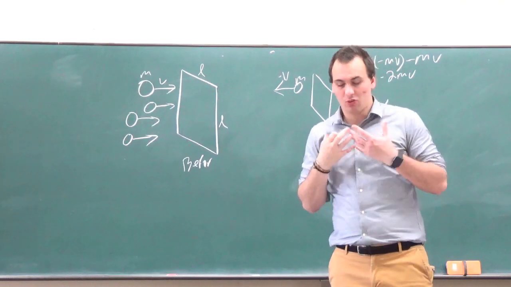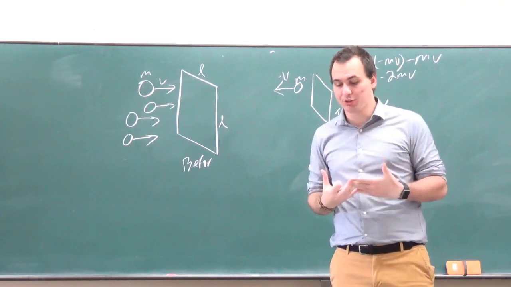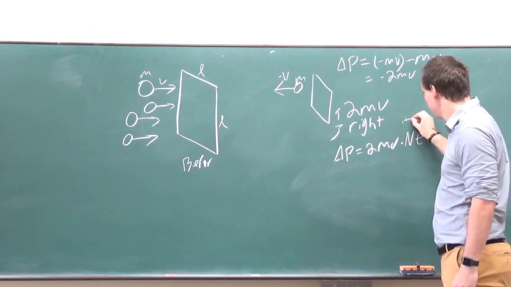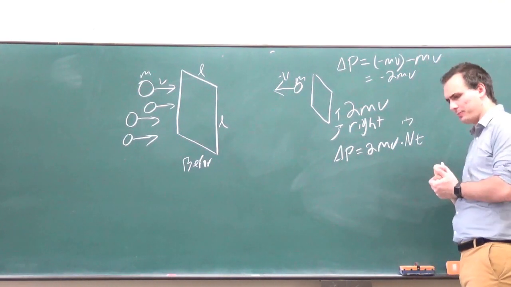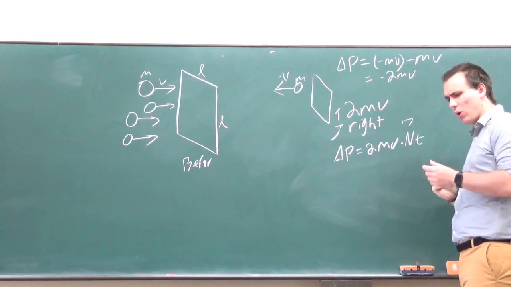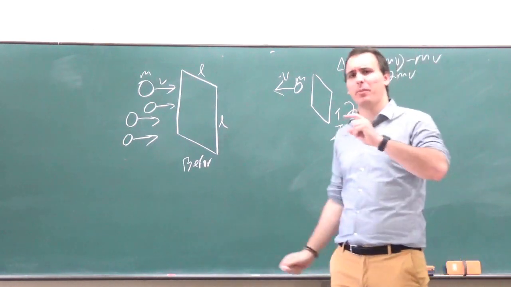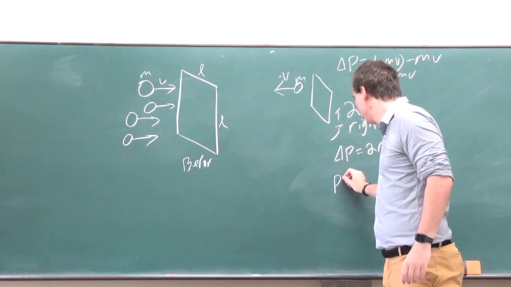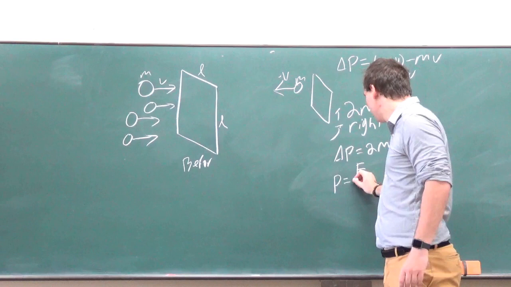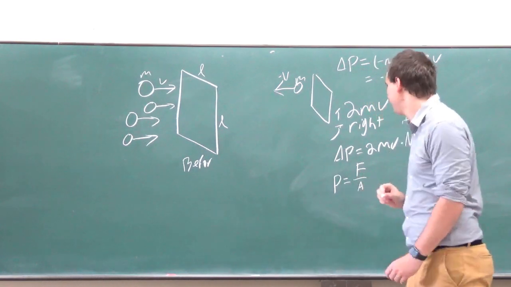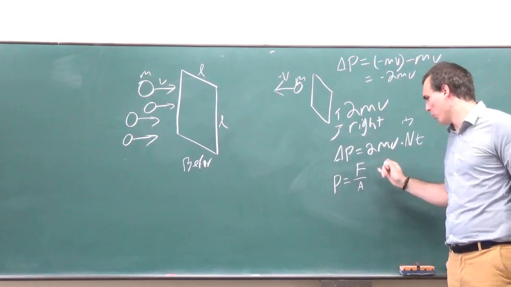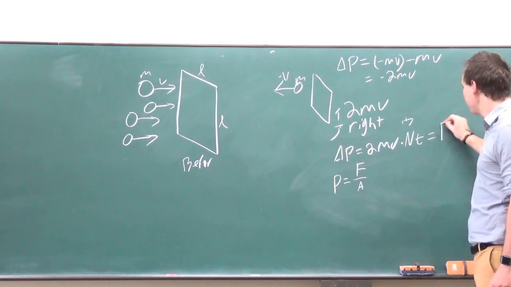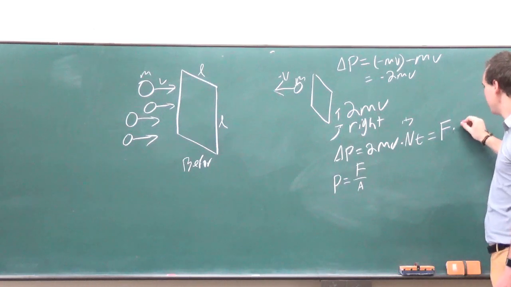Now, the last question is, what is the pressure the wall will receive? Well, I remember from an earlier problem that pressure is equal to force over an area. So how do we get force? Well, impulse is just equal to force times time.